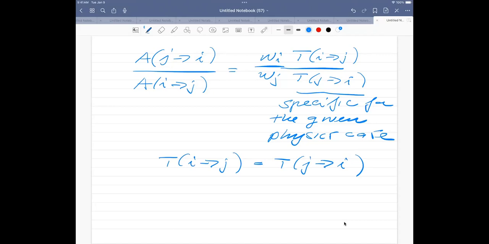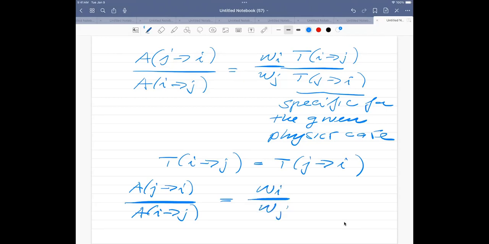So this is normally something which leads to then A of j to i, and then A of i to j is equal to wi divided by wj here. Okay? And this is going to lead to the standard Metropolis algorithm. If I add t, that leads to the discussion of importance sampling, which we will discuss next week. And then we will have what is normally called the Metropolis-Hastings algorithm.